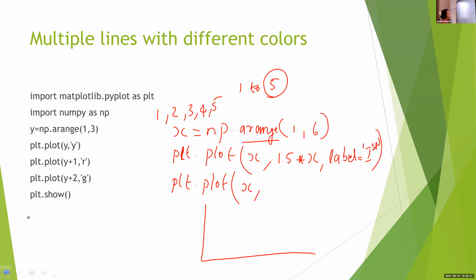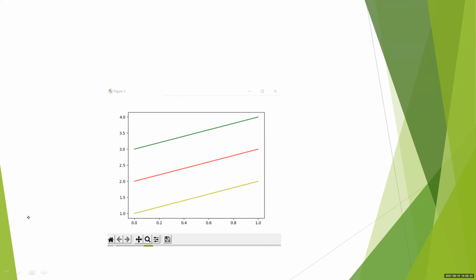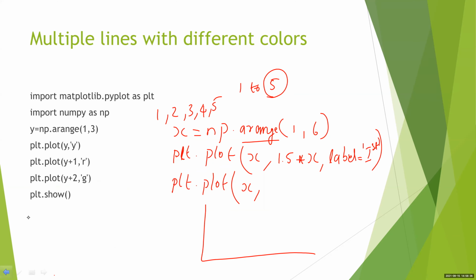What about the y value, Hadi? 3.0x, that is 3.0 into x. Then, okay Hadi, label equal to second.